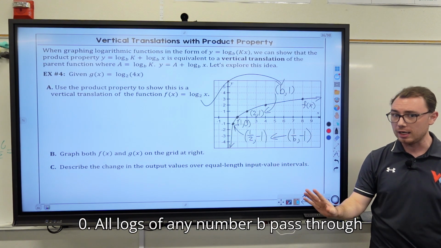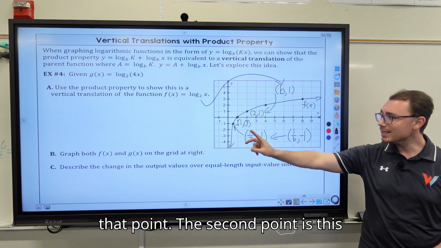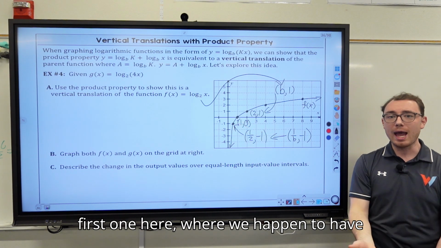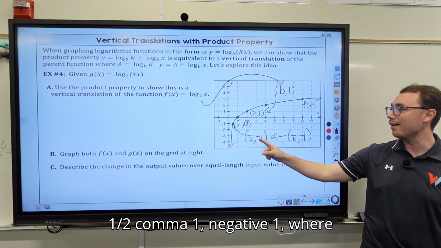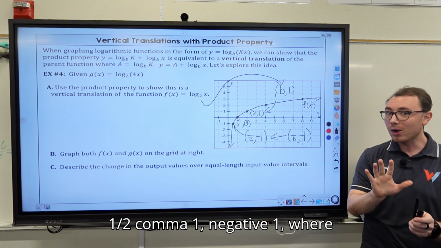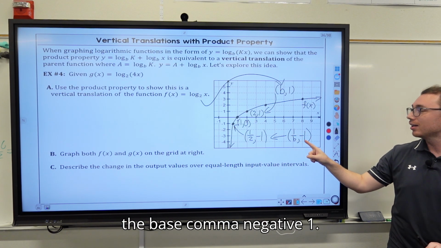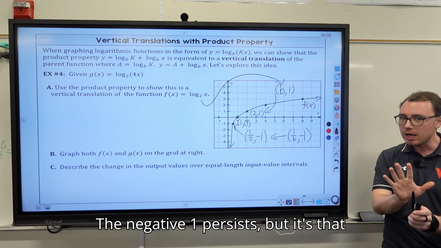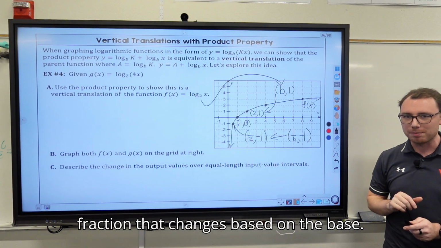All logs of any base b pass through that point. The second point is 1 divided by the base, -1. The -1 persists, but it's that fraction that changes based on the base.